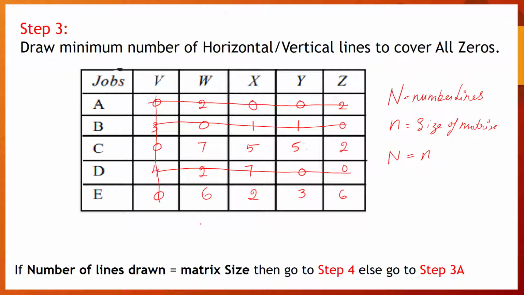I have given that if the number of lines drawn equals the matrix size, then we go for step 4, else we go for step 3. Since here the number of lines is not equal to the size of the matrix, we'll be going into step 3.